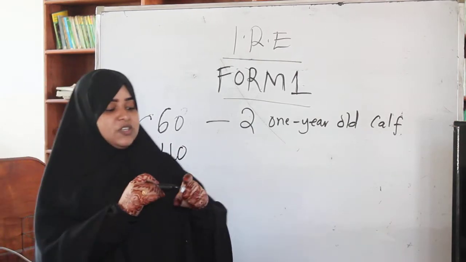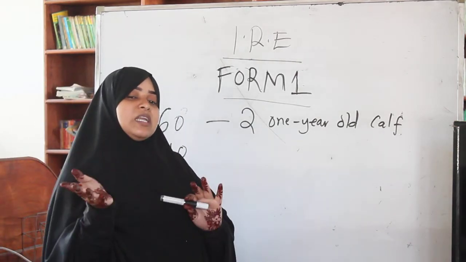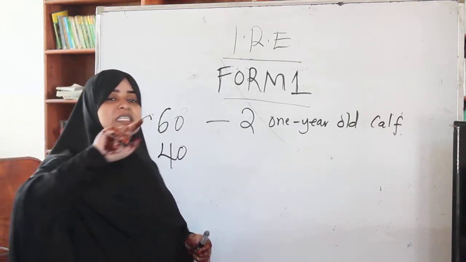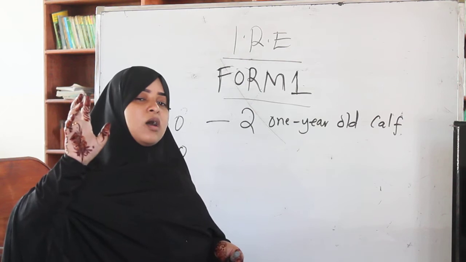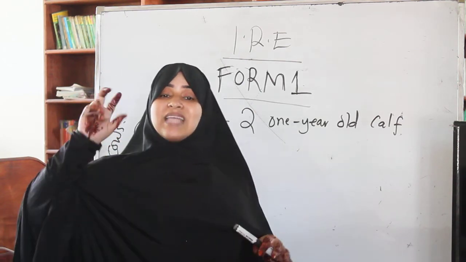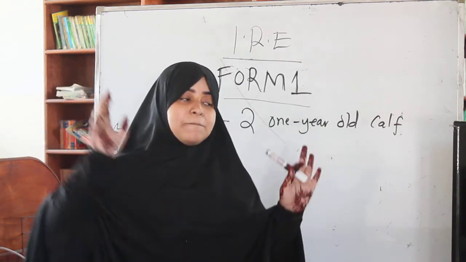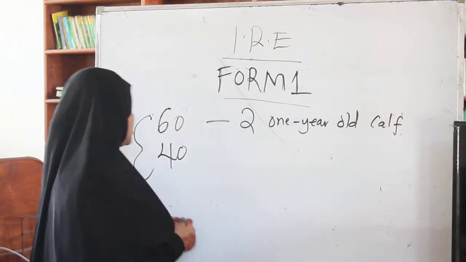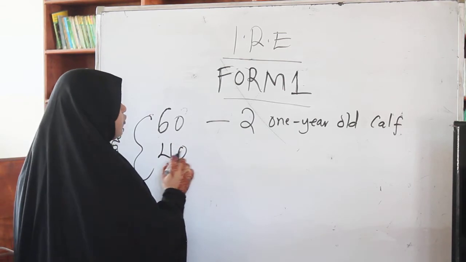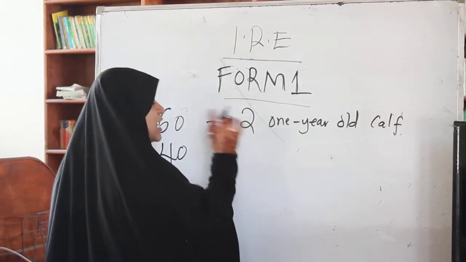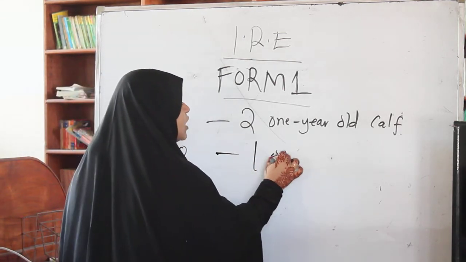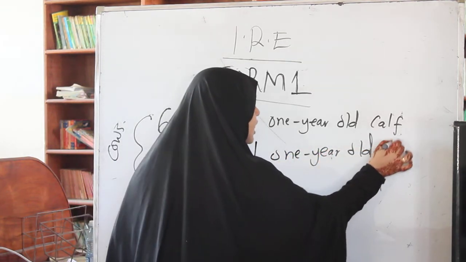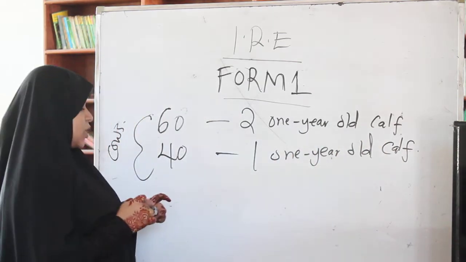If you notice, the difference between buffaloes and cows is the 10, because for buffaloes it is every 30 above 60 head, but for cows it is every 40 above 60 heads. So for every 40 you give an extra 1 year old calf.